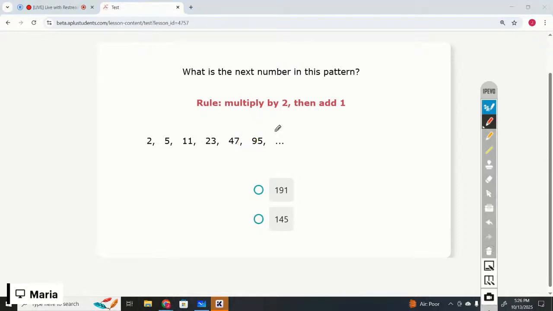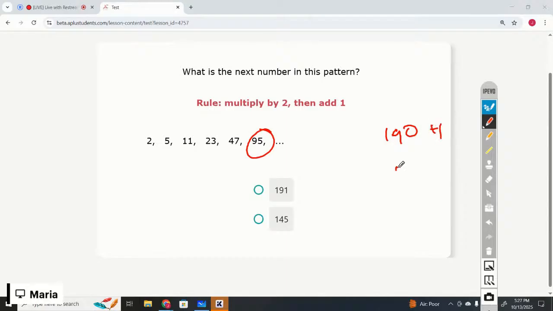Let's just do 95 times 2 and you need to add 1. 2 times 5 is 10, 0, 1 carry. 2 times 9 is 18, and 1, 19.